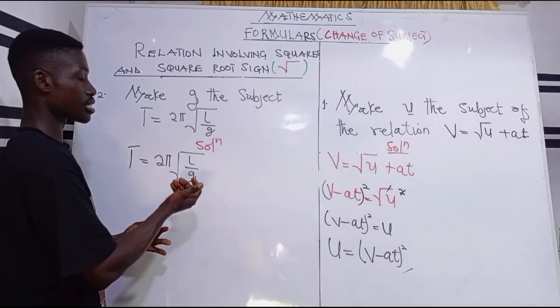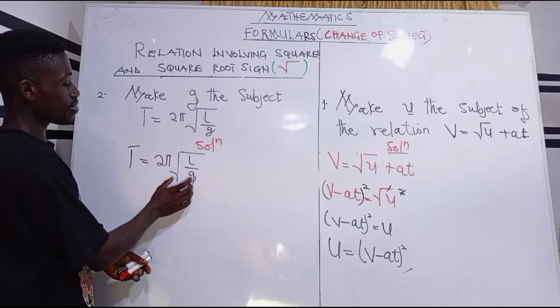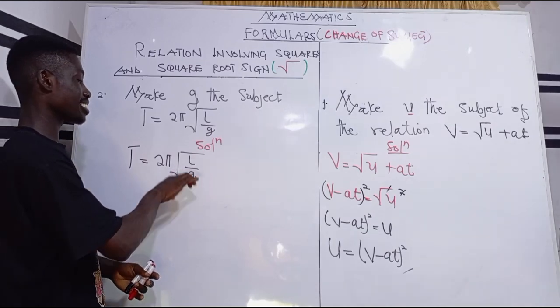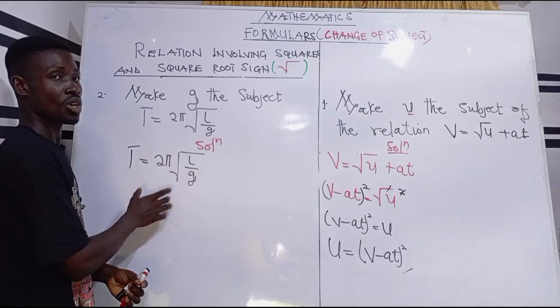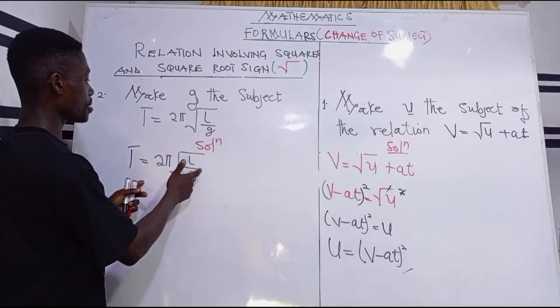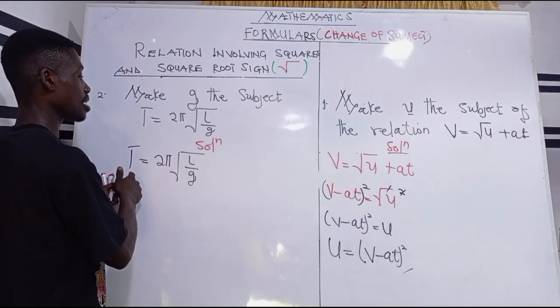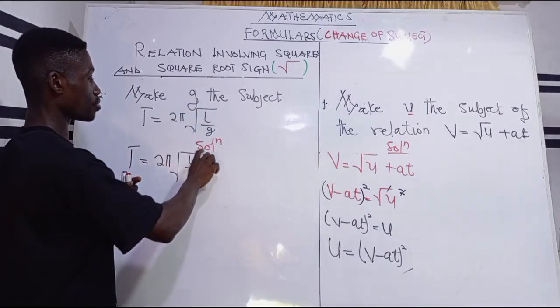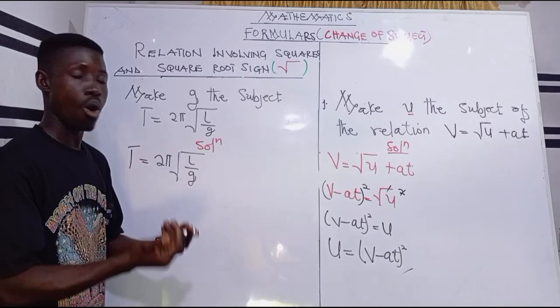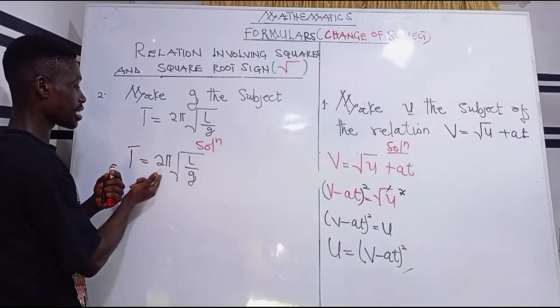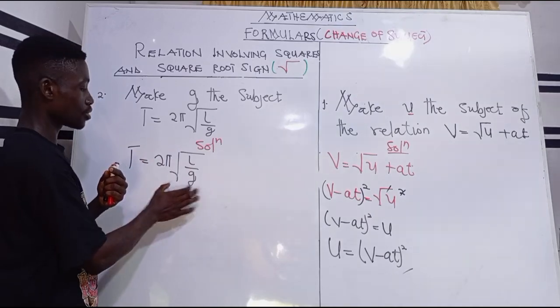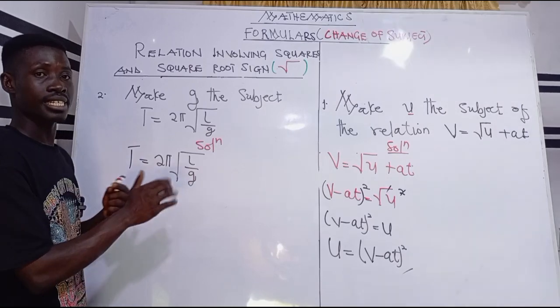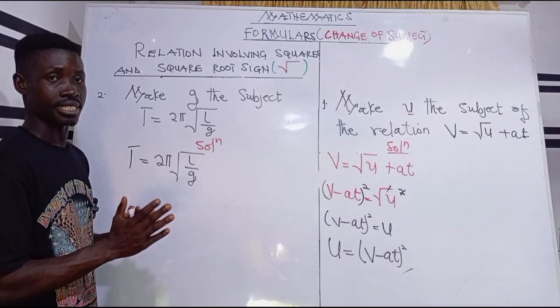Now, to start with, seeing the variable that we intend to make the subject is under the radical sign, we can first multiply both sides of the equation by what? 2, by a power of 2 to do away with the radical sign. Or we can also divide both sides of the equation by 2 pi so that it will be left with this. Anyhow you do it, you are going to get the same answer.